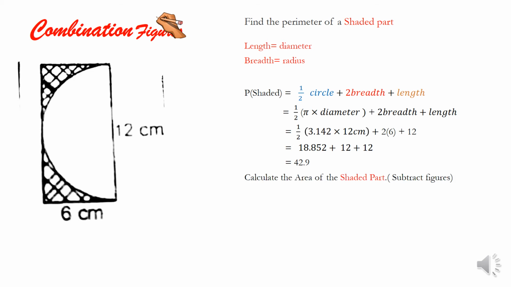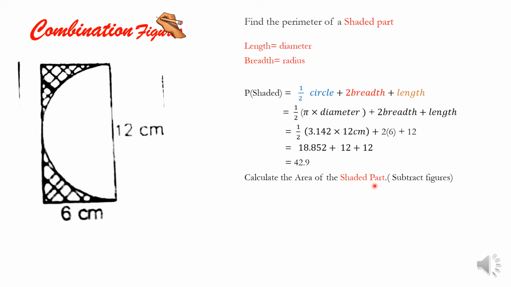Let's take a look at the area of the shaded part. Calculate the area of the shaded part. When it comes to the area of the shaded part, we look at this figure again and see that it's a rectangle, and inside it we have a semicircle. So the rectangle and the semicircle.